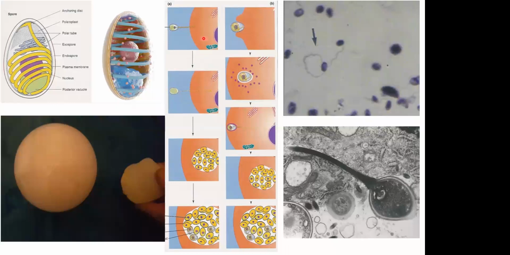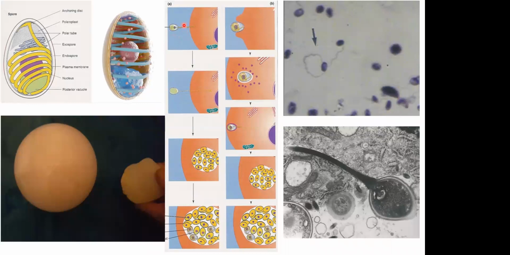So if you look at the central panel, the microsporidium shoots out its polar tubule, and the various triggers for this include a change in pH and a change in permeability of the spore. So the pressure inside the spore increases, and it ejects the polar filament.